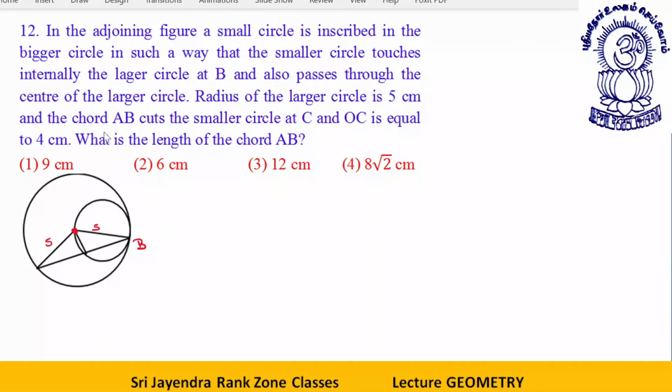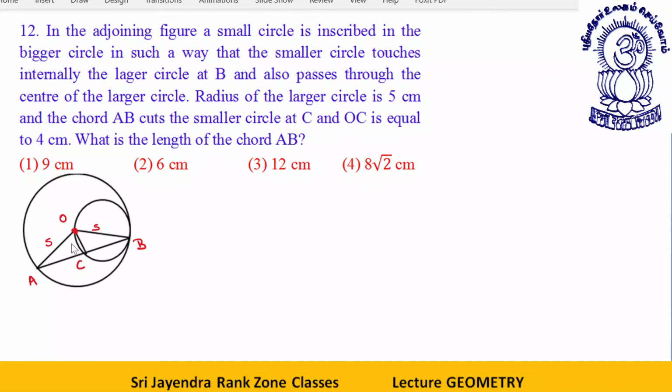Radius is 5 centimeter and the chord AB cuts the smaller circle at C. This is A. This is the center. And OC is equal to 4.